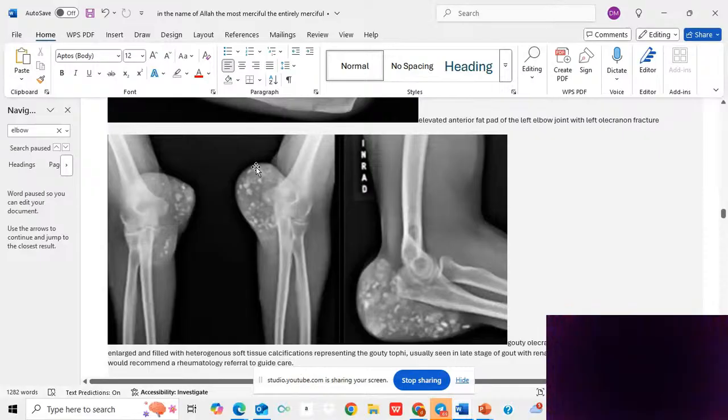This is usually seen in the latest stage of gout with probably renal affection. It's commonly a very late presentation of gout, and the patient is usually diagnosed with gout. But if this is the first presentation, I would recommend a rheumatology referral to guide care.